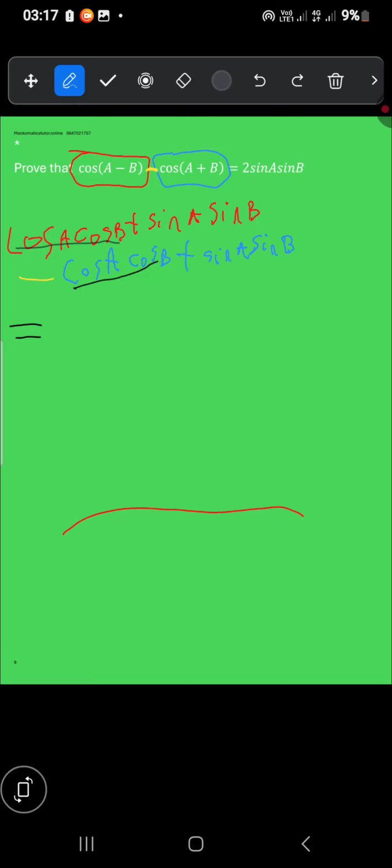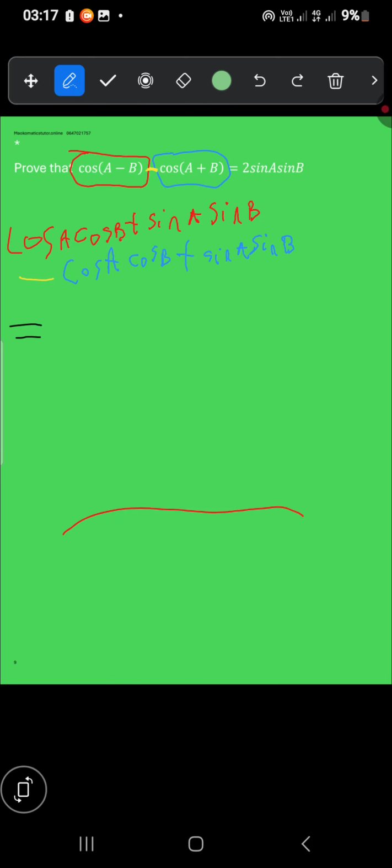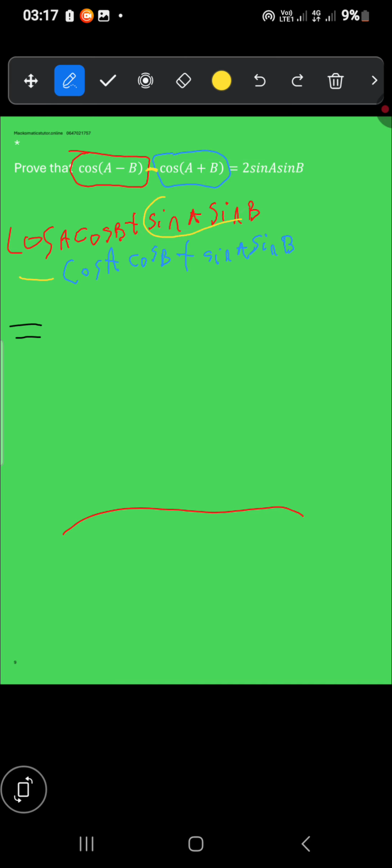Then we'll be left with sine A sine B and sine A sine B, and if you add them together, they form 2. So this is 2 sine A sine B.